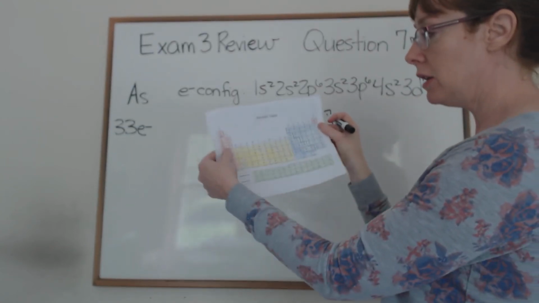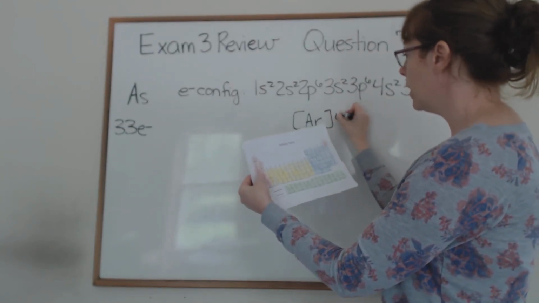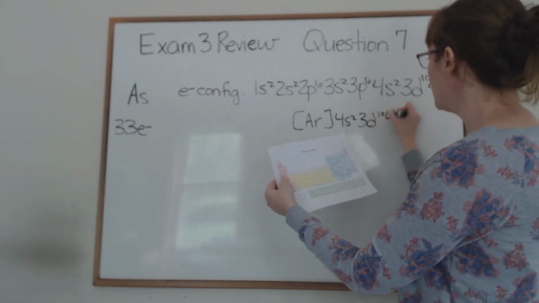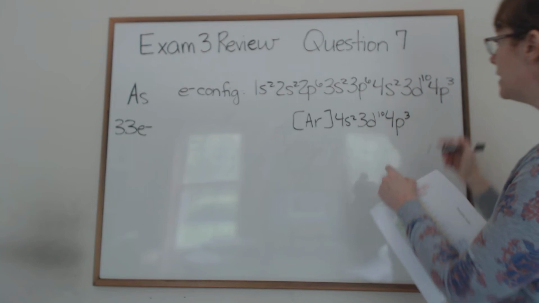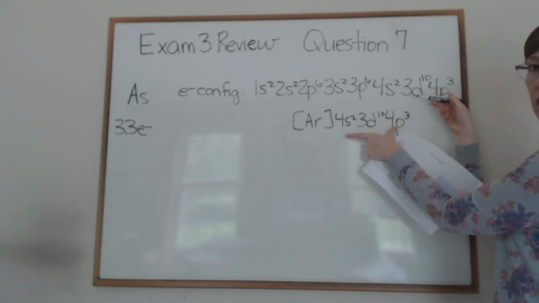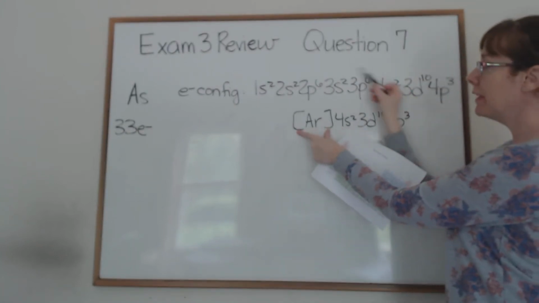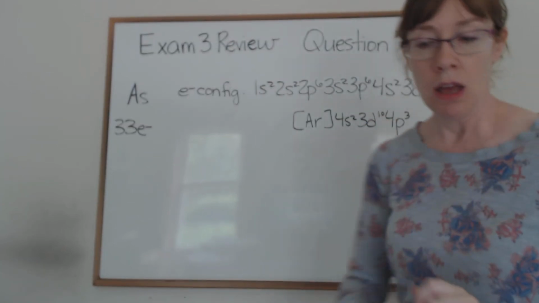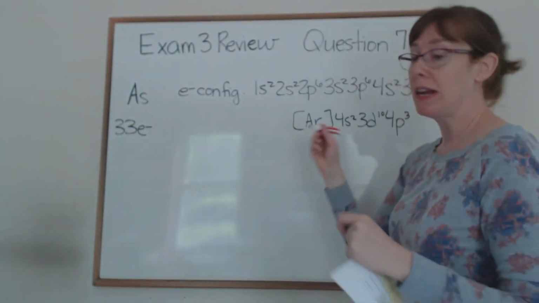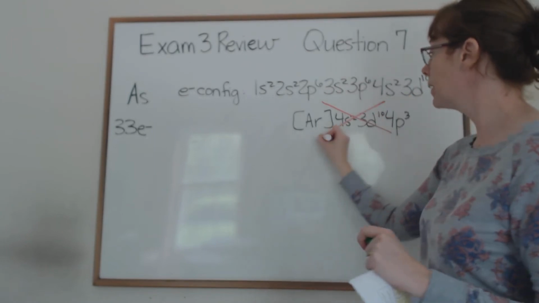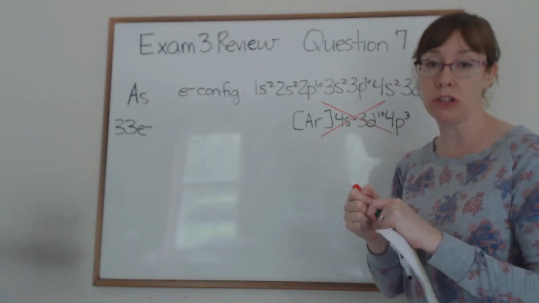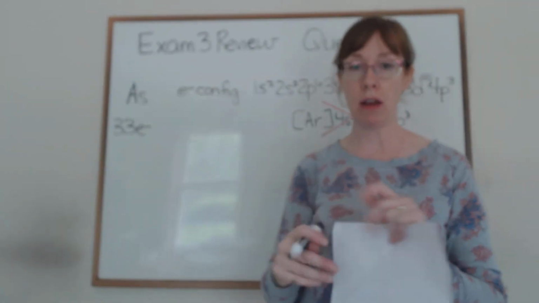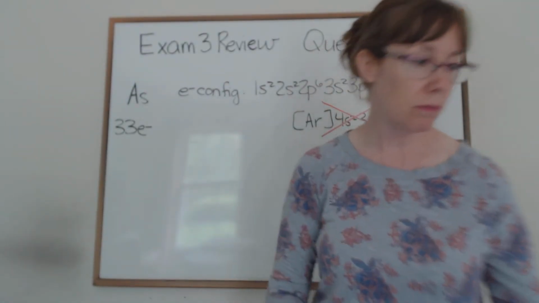So argon, and then 4s2, 3d10, 4p3. You can see that the ending is still the same, and argon's electron configuration accounts for the rest of it. It's like a shortcut method. I will write on the exam that I don't want you to use that. I want you to prove that you can write a whole electron configuration.